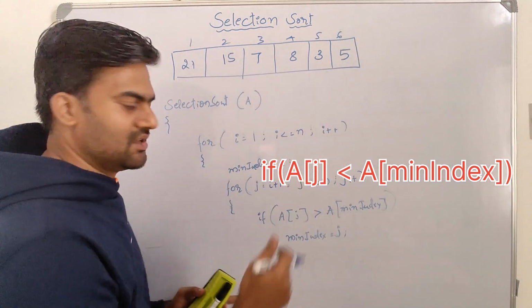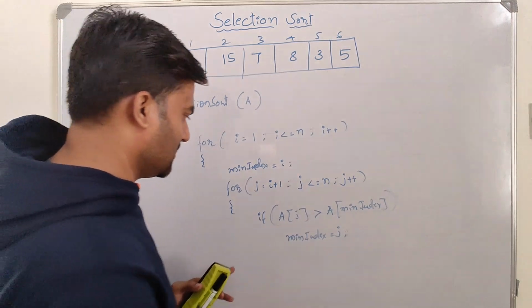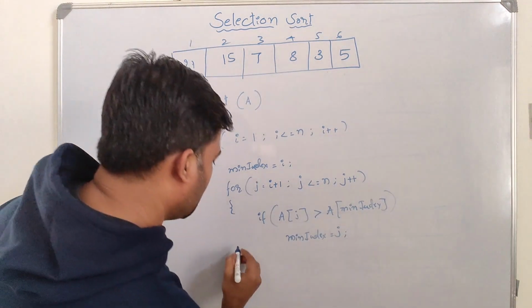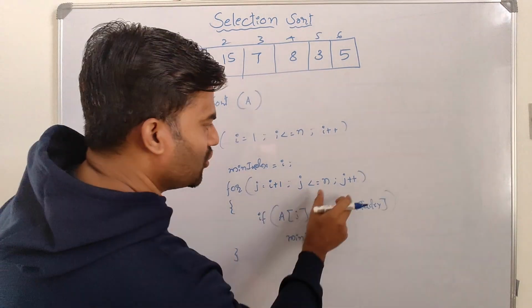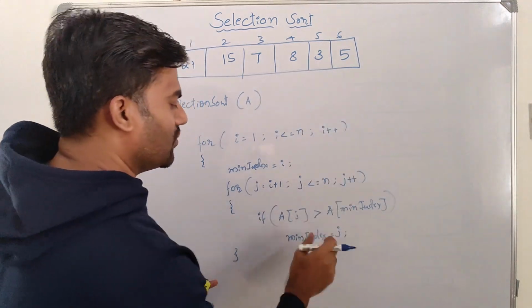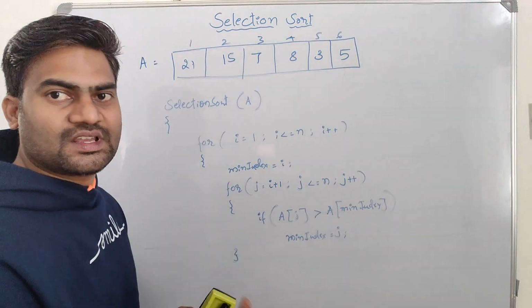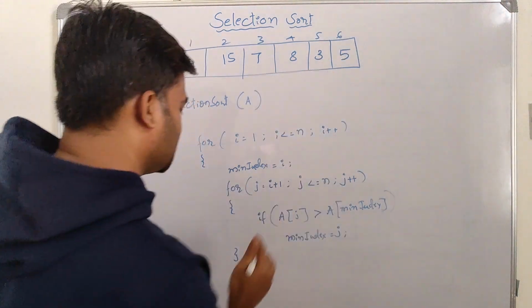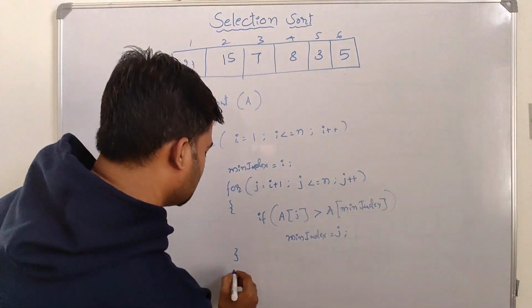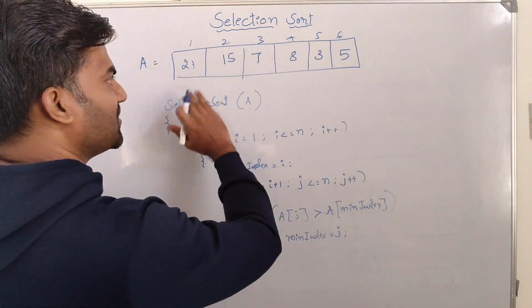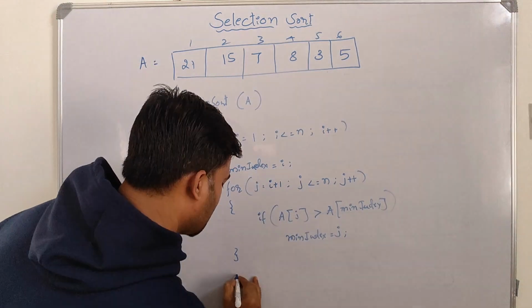That's what we were doing when we were dry running the logic. Now once this loop executes, at the end we get the minimum index, where exactly the minimum value resides. After that, we swapped the numbers.